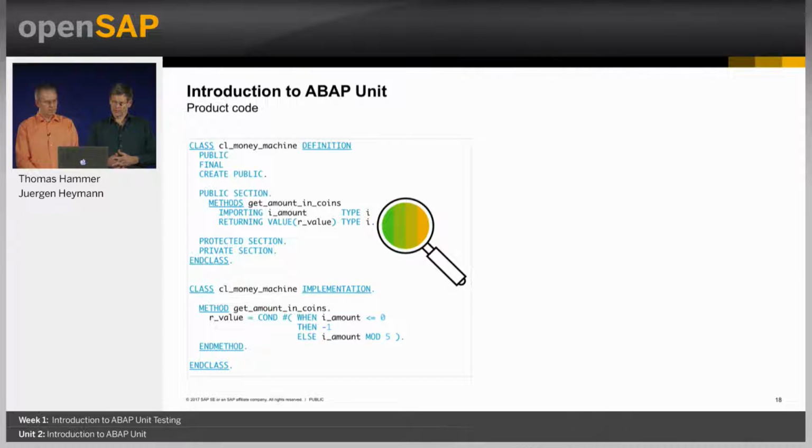Here you see the product code, already the implementation, at least of one method, get amount in coins. And we see there the class definition and the class implementation in 2 sections. Now you may not be familiar with this representation of a class if you're used to using SE24, the tool UI, the front end, where all this is hidden and you always have just one section, one method implementation.